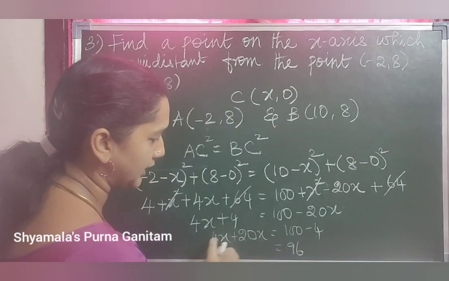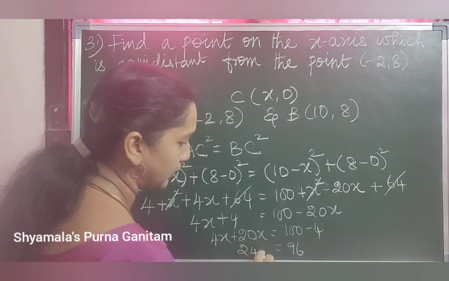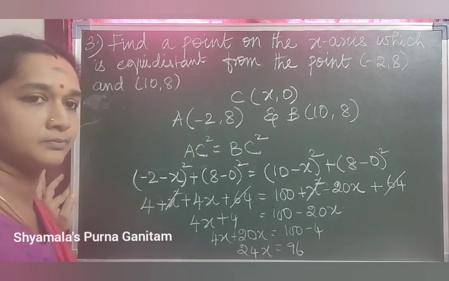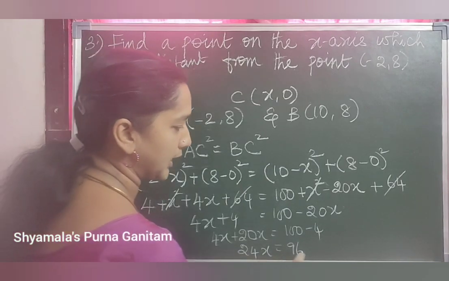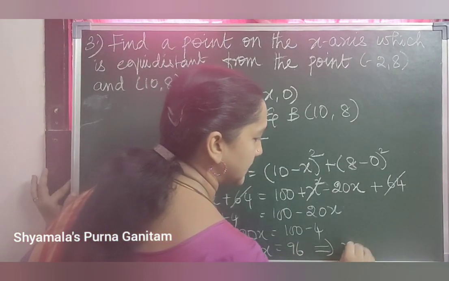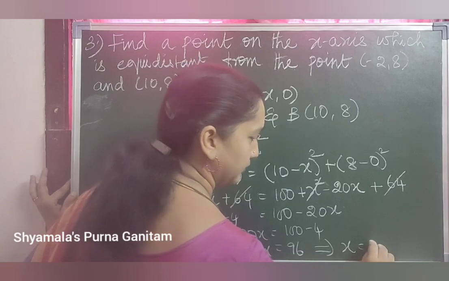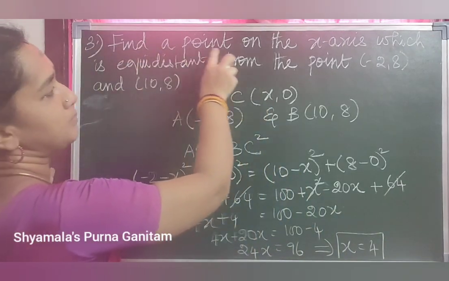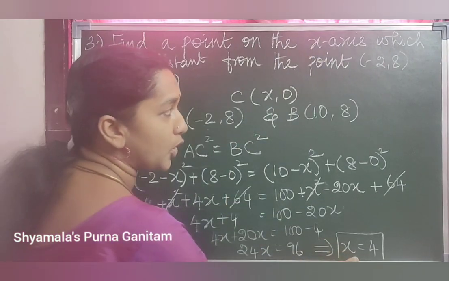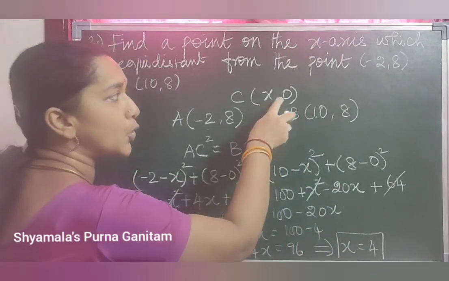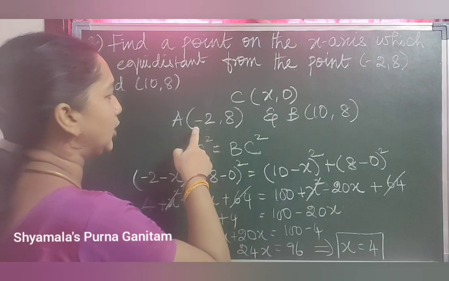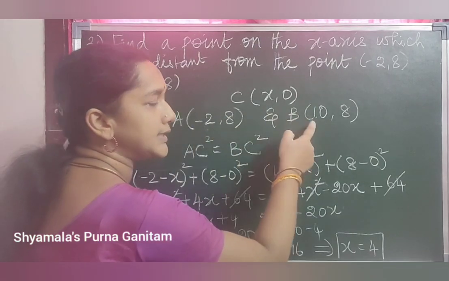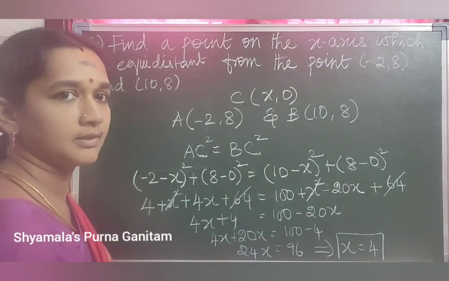Here this will be 20 plus 4, 24x. Okay, so 24x is 96, so x value is 4. So which point is equidistant? So 4, 0 is equidistant to both these given points.